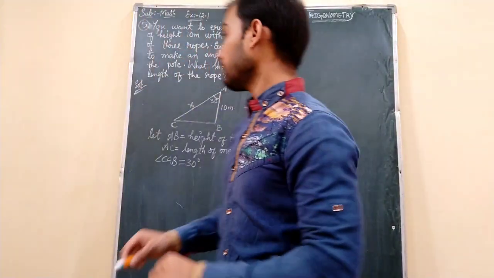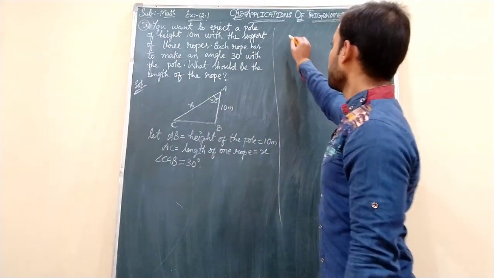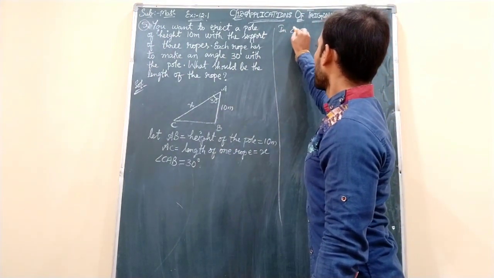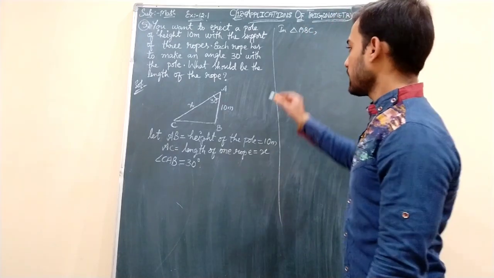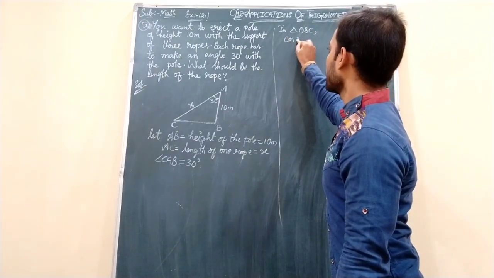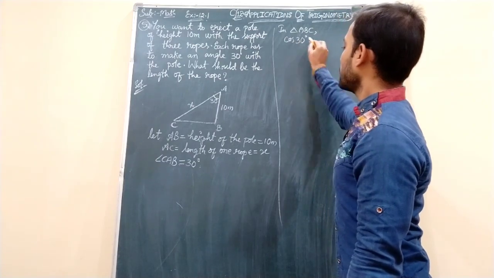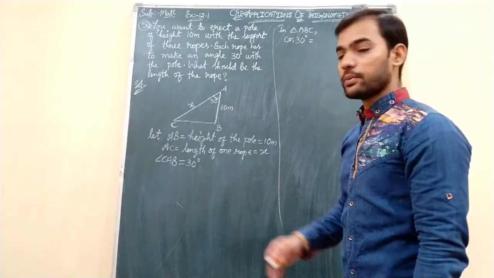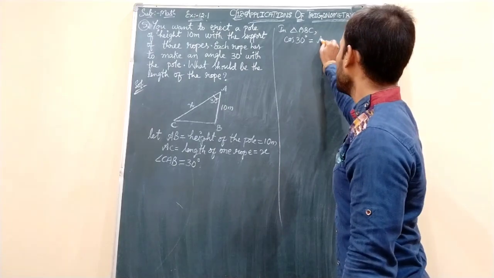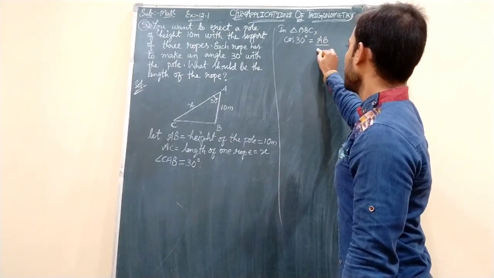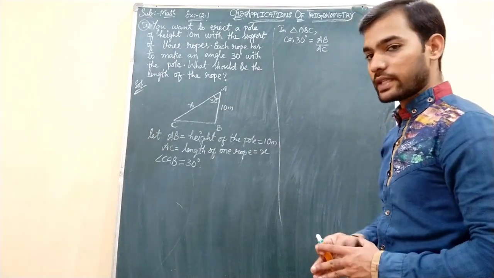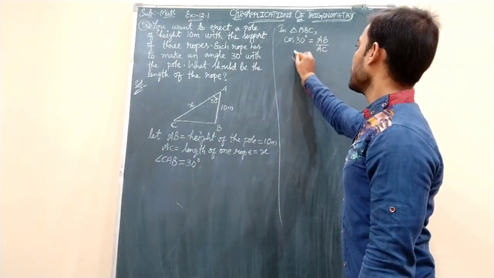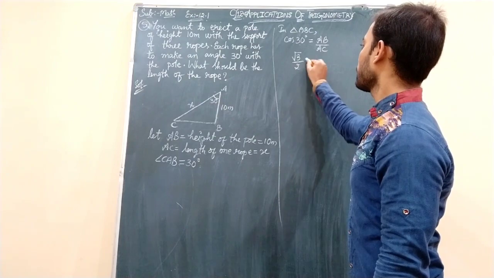Okay. So in triangle ABC, cos 30 degrees we are taking here. Cos 30 degrees is adjacent by hypotenuse. This is the adjacent side AB and the hypotenuse side is AC. When you see the table of specific angles, you will get cos 30 degrees as root 3 by 2.